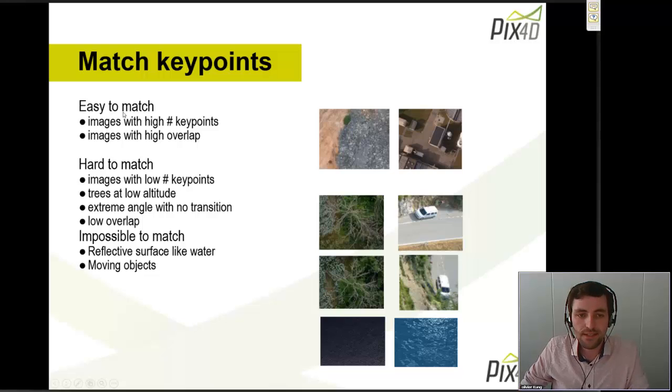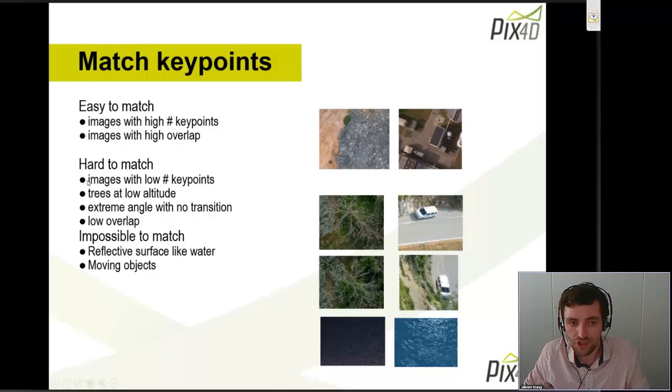So let's see what's easy to match. If you have an image with a huge number of key points, very likely this is very nice, and you will be able to match a lot. And again, with high overlap, the more overlap you have between your images, automatically it will increase the number of possible points that can be matched.